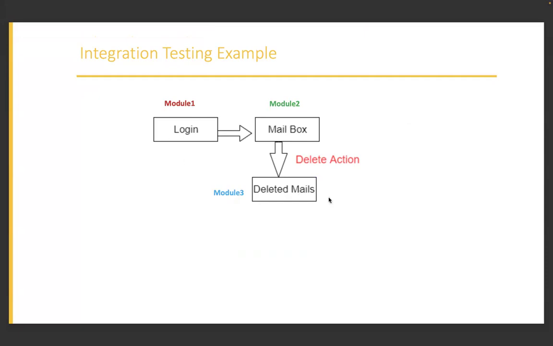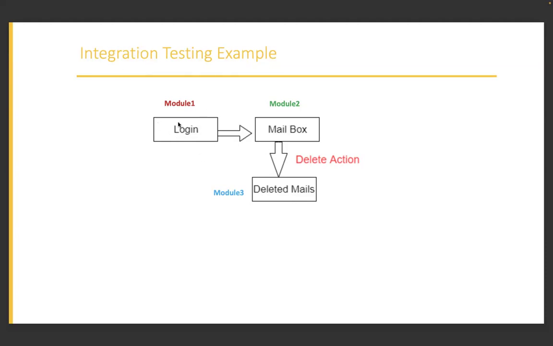So these 3 modules are related to each other. But if you want to go to deleted mail, you will not directly log in and go to deleted mail, guys. Okay. The mandatory action, if you want to go to module 3, is you need to go via module 2 only. So that comes under integration testing.